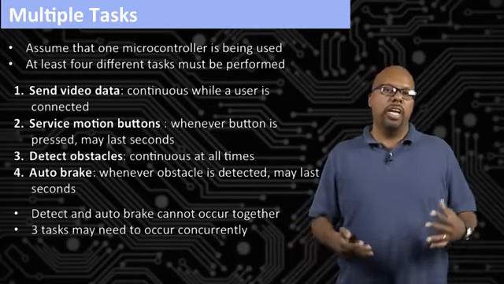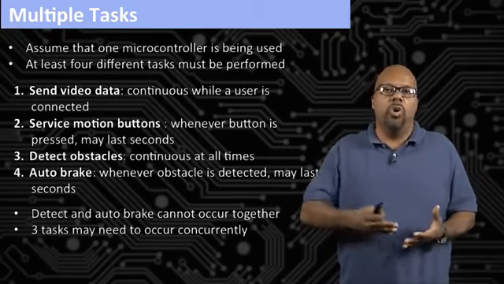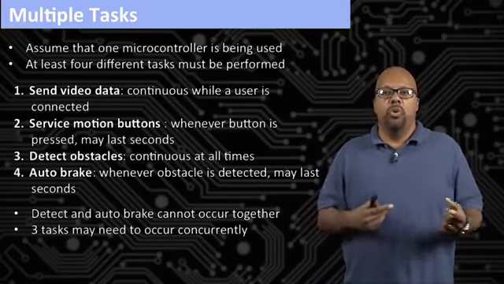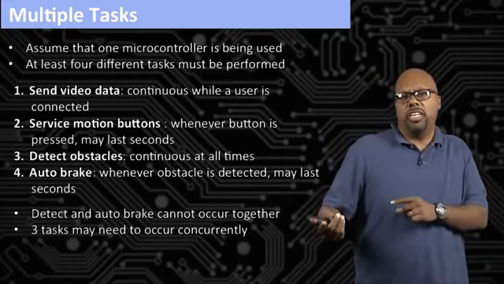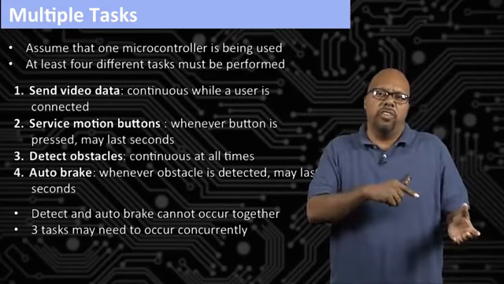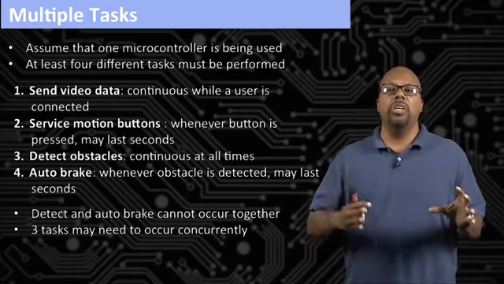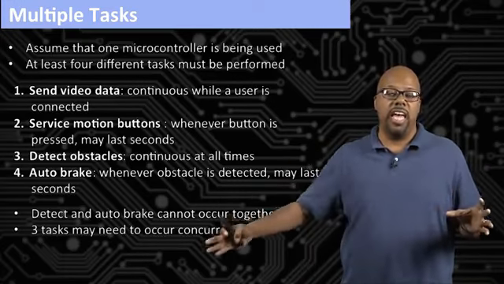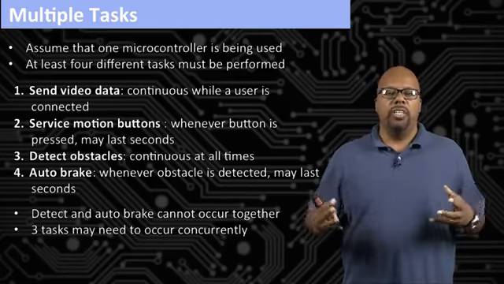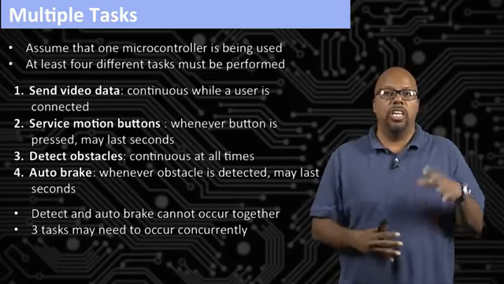Now, you could, as a programmer, write a relatively complicated program that does all these things at once, where while you're sending video data, it's also checking to see if a button is pressed, it's also checking for collisions, and so on. But an operating system makes this easier because you can write each of these tasks as a separate task and then let the operating system intermix them.